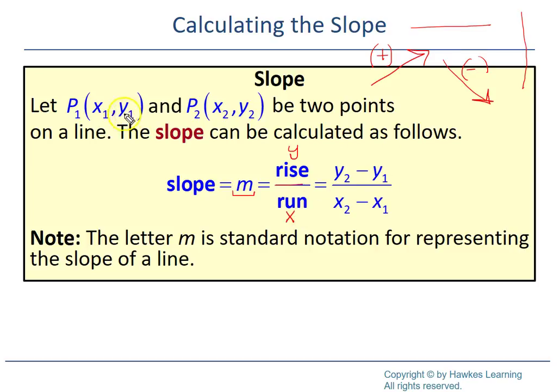So if we have two ordered pairs, and we designate one of them as the sub-1s, and the other as the sub-2s, we could put it in this typical formula. And this is one you should have in your notes, and we will be using here shortly.